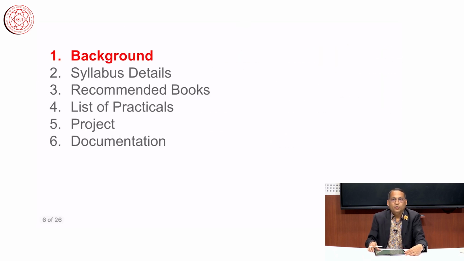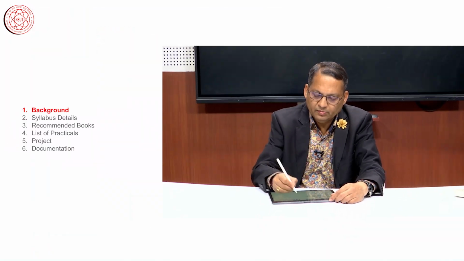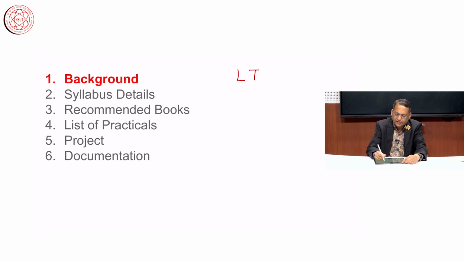Now, most of the courses that you have covered till now follow a certain protocol that is mentioned as LTP, that is how many lectures per week, how many tutorials per week and how many practical hours per week. Most of the courses that you have covered till now are either 302 or 310.